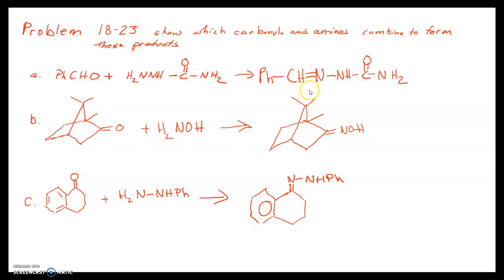All we need to do is separate where the double bond is between the carbon and nitrogen, and to the carbon we add an oxygen, and to the nitrogen we add two hydrogens, like it is shown here. Like in here, you would break up the double bond. To this nitrogen you add two hydrogens, and on that carbon you add an oxygen. Same thing here: you break up the bond, you add two hydrogens on the nitrogen, and you add the oxygen on that carbon.